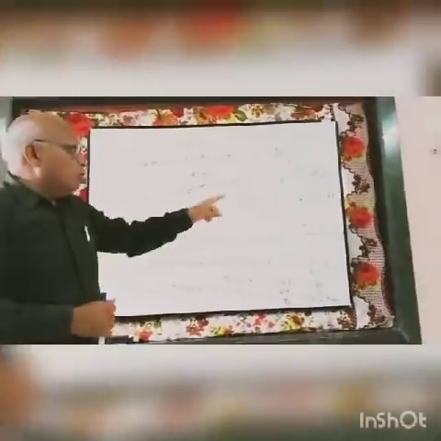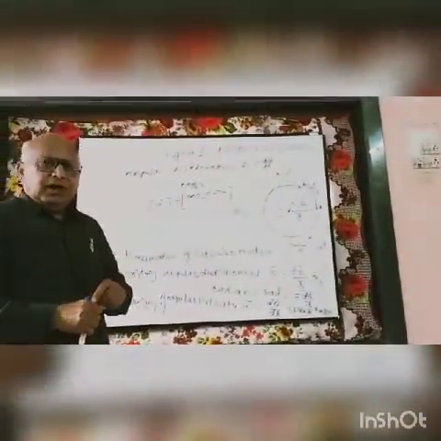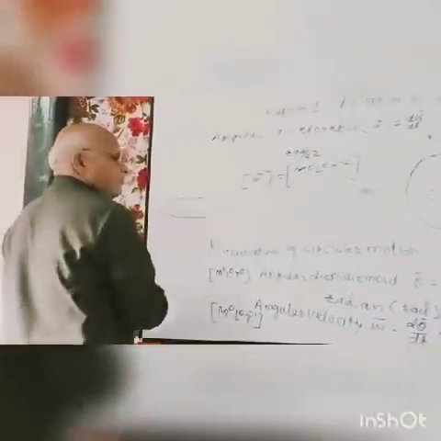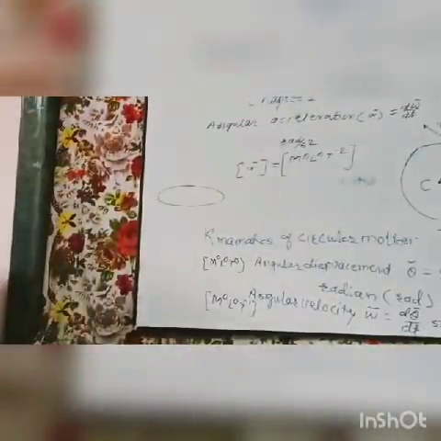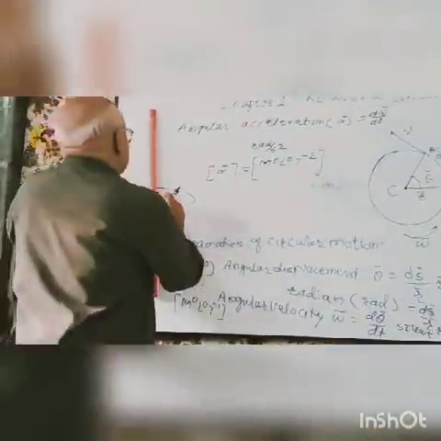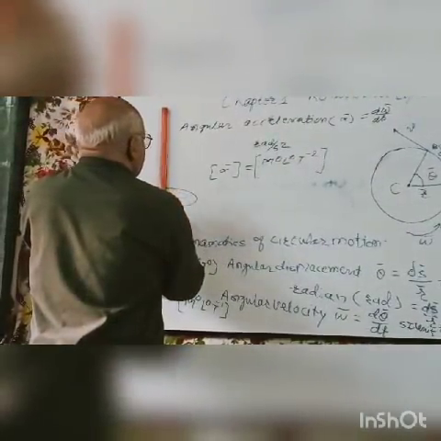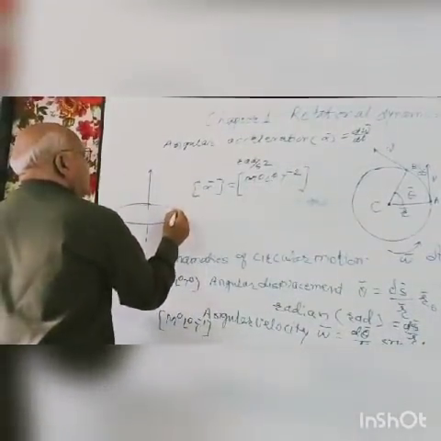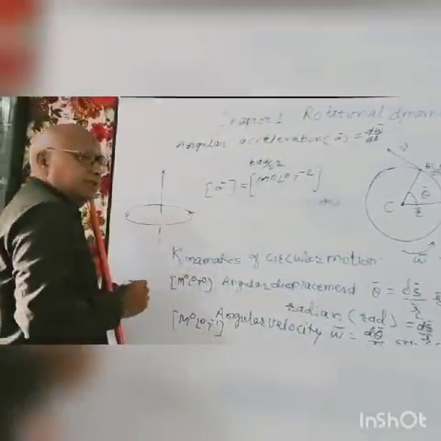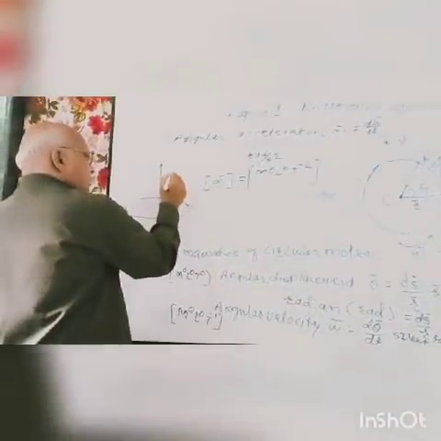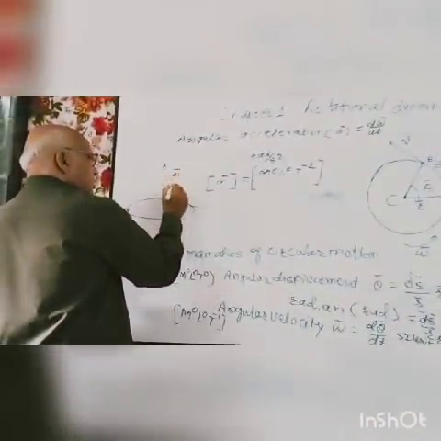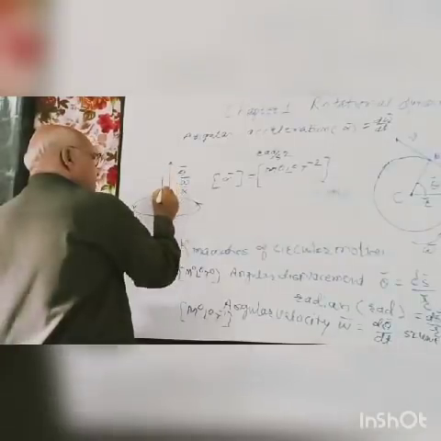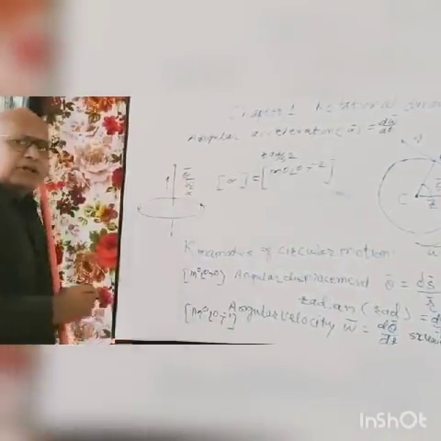They are perpendicular to the plane of the figure, and this can be represented like this. Suppose an object is revolving in this direction, then its angular displacement vector theta, angular velocity omega and angular acceleration alpha are directed along the axis of rotation.